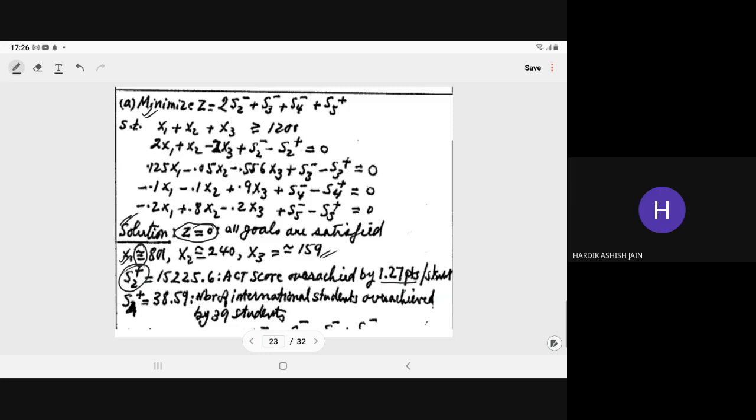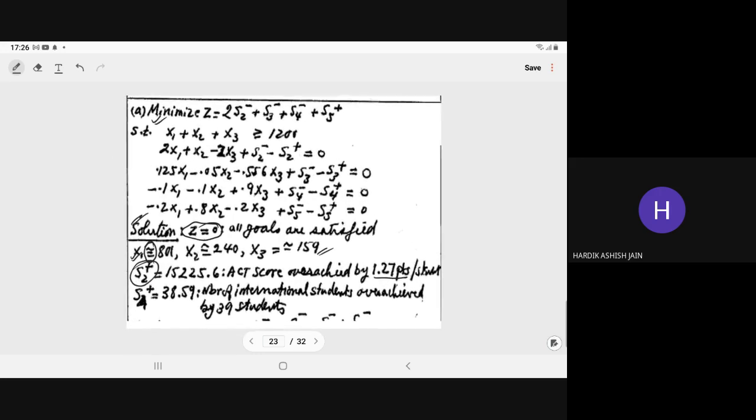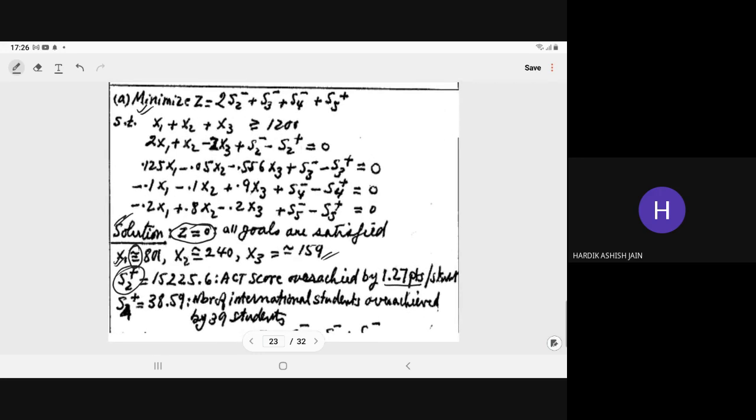So the number of international students is overachieved by 39 students. So that is the conclusion, and all the goals are achieved and satisfied.